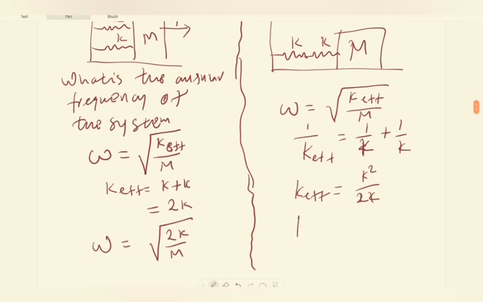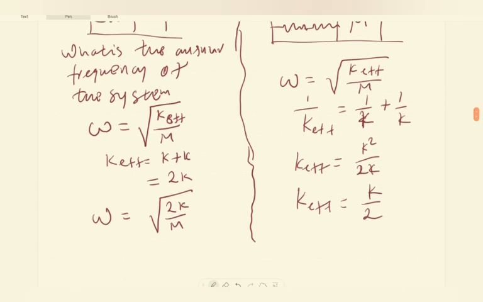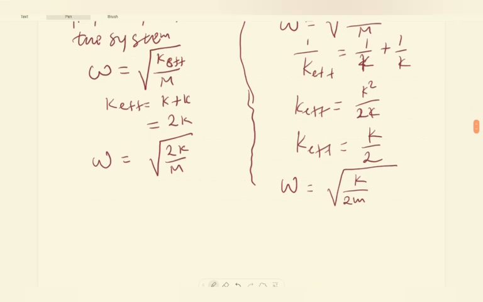So k effective would be k divided by 2. So here the effective spring constant would be half of the spring constant of one spring. So the angular frequency finally would be square root of k over 2m.